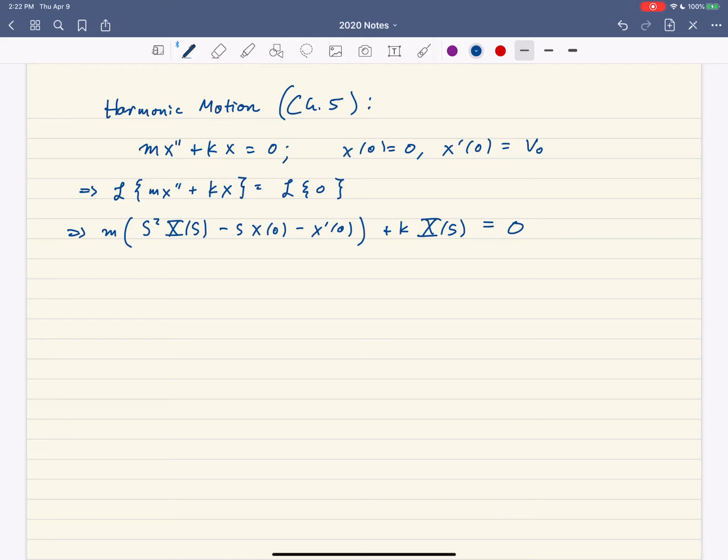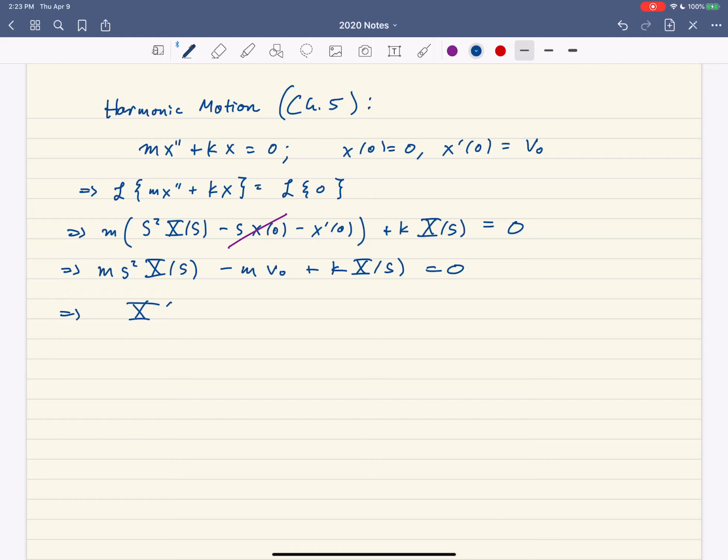We're going to try and solve for capital X. One thing we can do right away is use the fact that little x of 0 is 0. So we have m s squared capital X minus m times x prime of 0, which was v0, plus k times capital X of s is equal to 0.